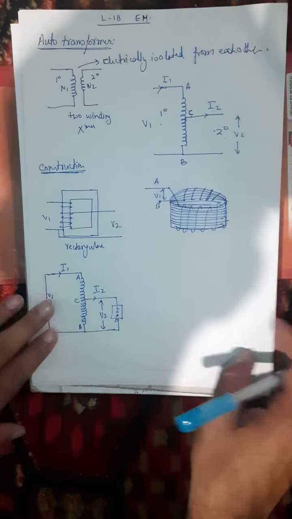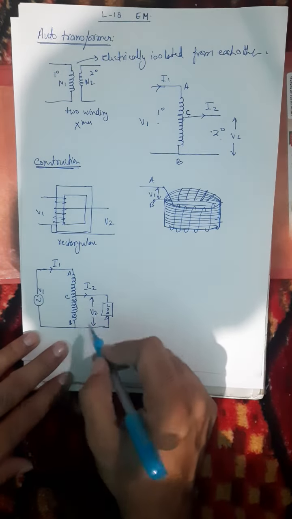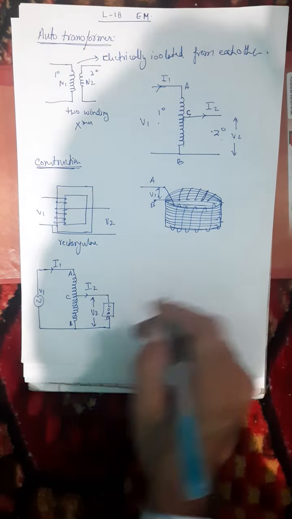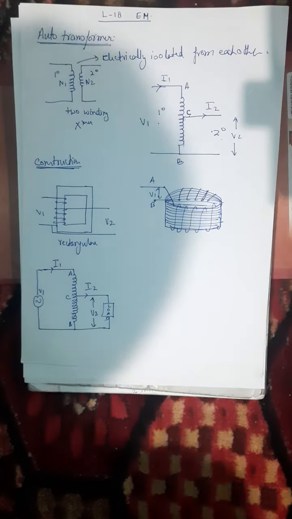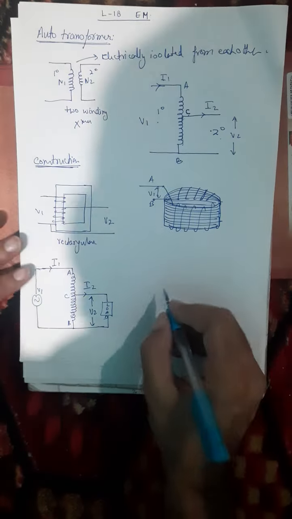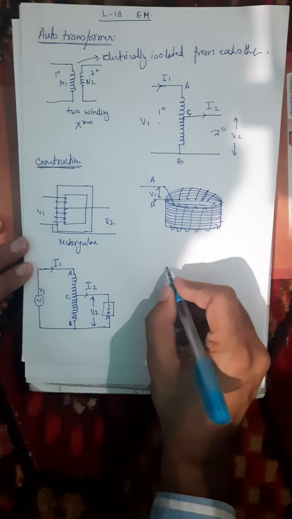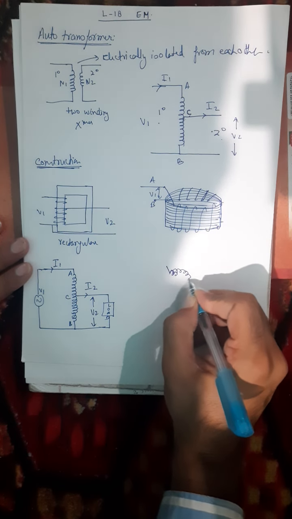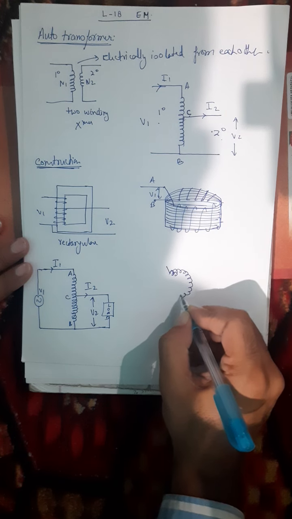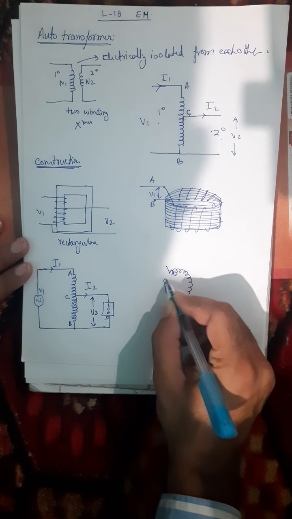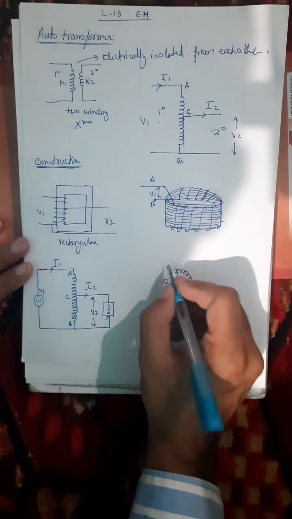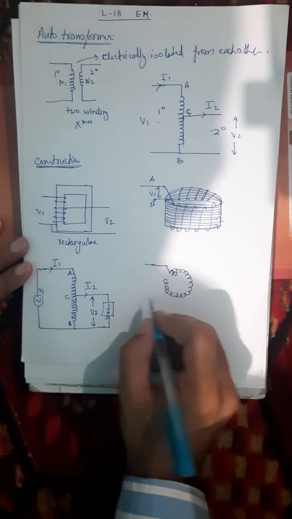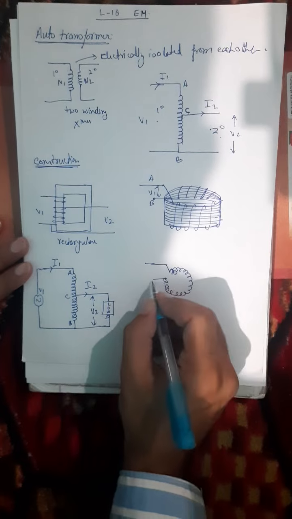Okay, now let me show the same diagram for this circular type. Firstly we will draw the winding which is in a circular shape, and then I will draw the rest of the circuit. So the winding will be like this. Okay, so this is my point. Here I'm giving supply, and this is my another point here.